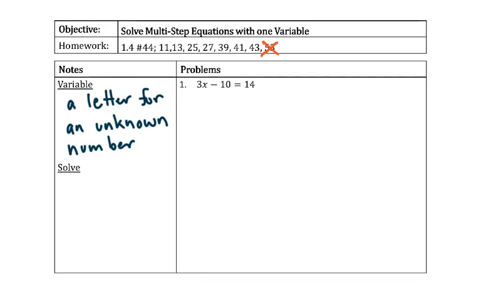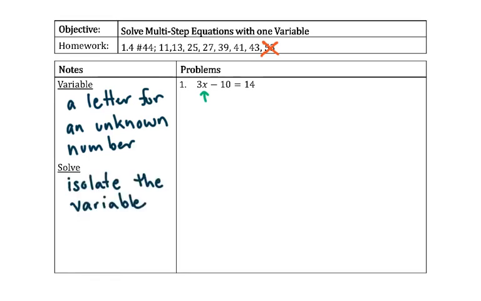So in this case, if we're looking at this example problem number 1, we can see that our variable, our letter, is x. So x is the variable in this case. And we are going to solve it, and whenever you see solve as a problem, that means our goal is to get the variable by itself, or isolate the variable.